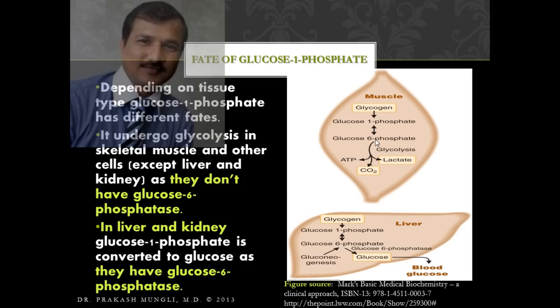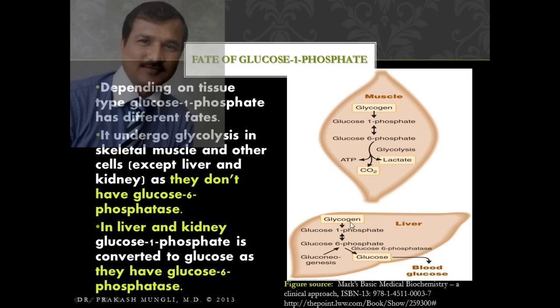Now this glucose 6-phosphate gets into glycolysis, and if the oxygen is sufficient, if the cell has mitochondria and sufficient oxygen, the TCA cycle will go on and release ATP and carbon dioxide. Ultimately glucose 6-phosphate releases 6 carbon dioxide and energy. Whereas if sufficient oxygen is not present, glucose 6-phosphate gets into anaerobic glycolysis and releases lactate.